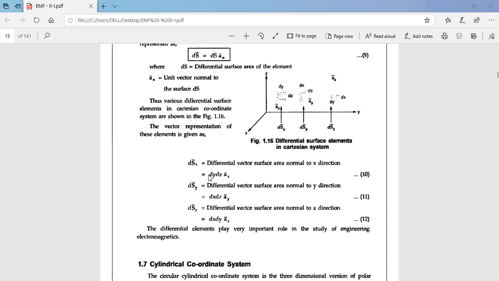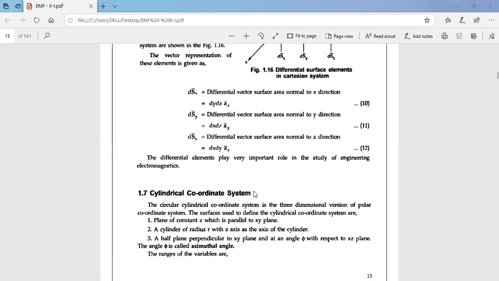So you have dy, dz, and the ax, the dx, dz, and the ay, dy, dx.